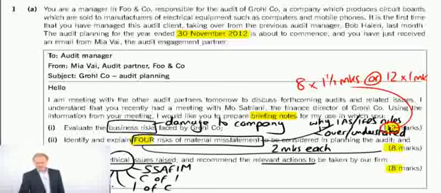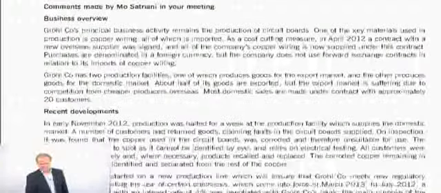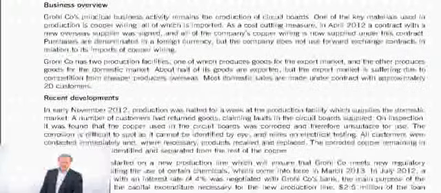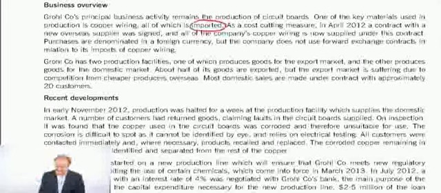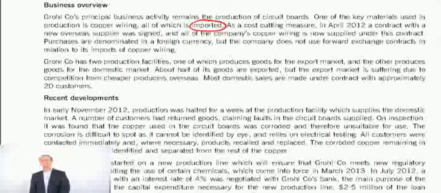It then tells you that you've taken over from the audit manager, tells you nothing else about the company, so let's come down here. Principal business activity, production of circuit boards. One of the key materials is copper wiring, all of which is imported. Is it a business risk to rely on overseas suppliers? Yes, because if there's any transportation issues, your stock doesn't arrive.